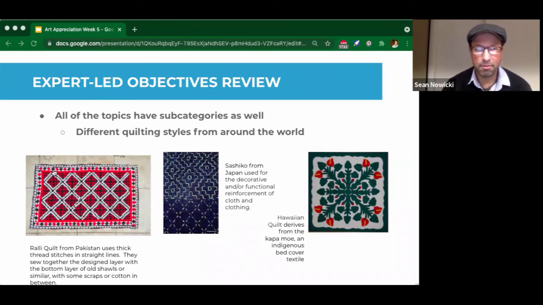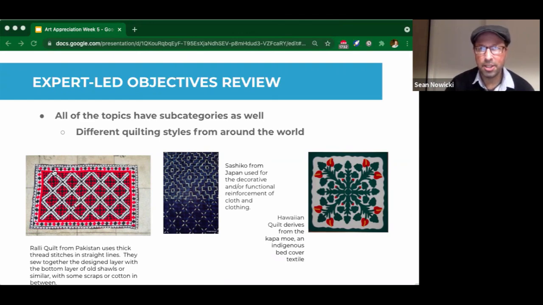But for example, the Pakistani quilt uses old shawls or scraps of cotton to stuff the quilt to make it thicker, and then they have these angular lines or patterns.